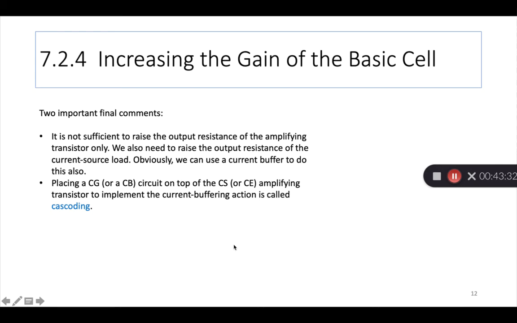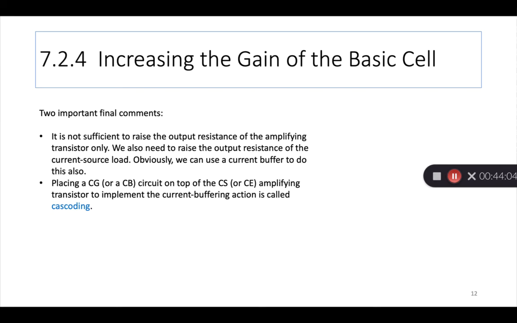So just to summarize quickly, in this session, we were introduced to the idea of the gain cell, which is the CE or CS amplifier, with certain modifications that are important if you're going to use the CE or the CS amplifier for gain purposes in an integrated circuit.